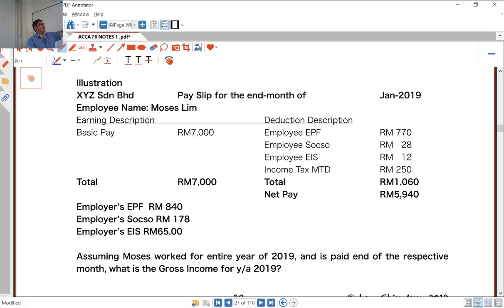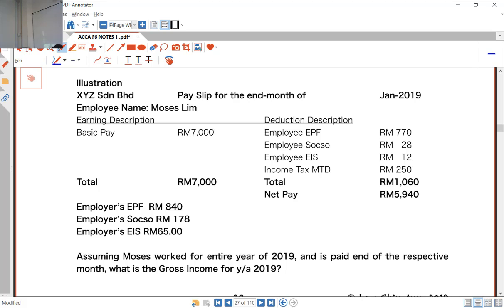Now I give you an example of a pay slip. You look at the screen here. This is how usually a pay slip will look like. This worker is given how much a month? 7,000, right? His salary is 7,000.